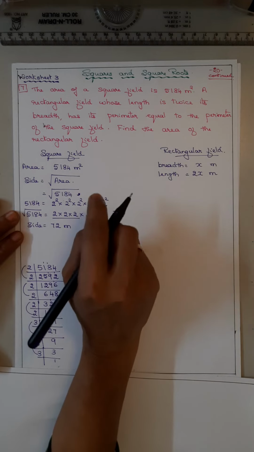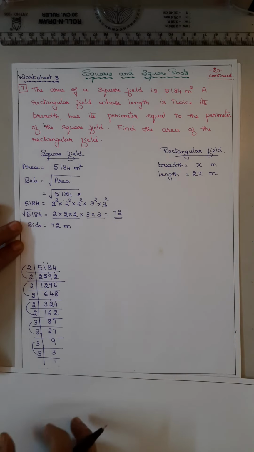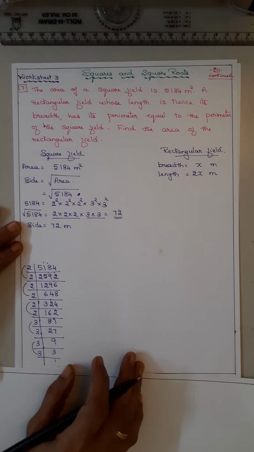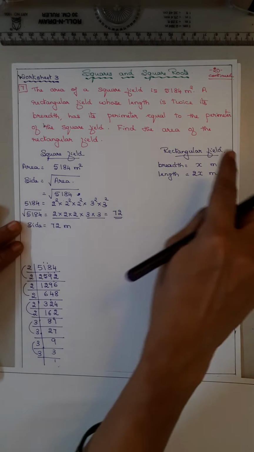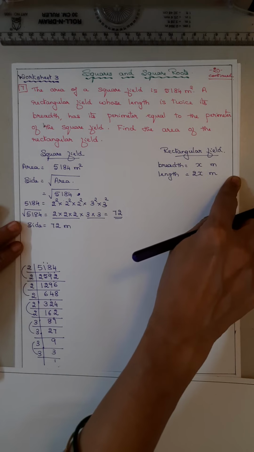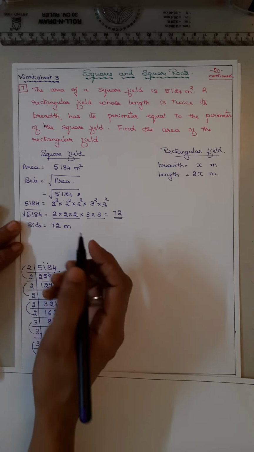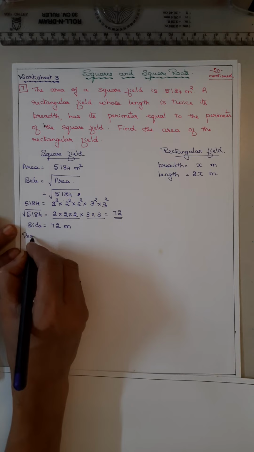So first from the area find out the side. Side is equal to square root of area. By the prime factorization method find out the side. Now they have told the perimeter of the square field is equal to the perimeter of the rectangular field. So here you have to find out the perimeter.